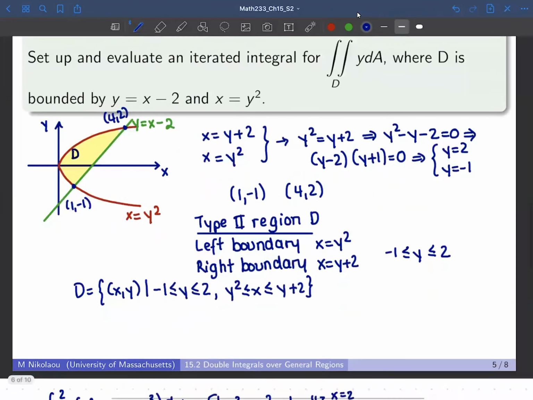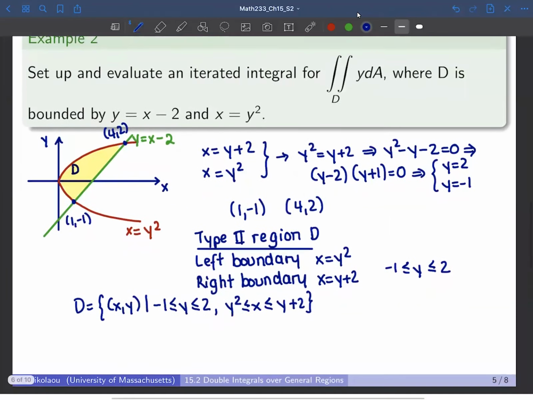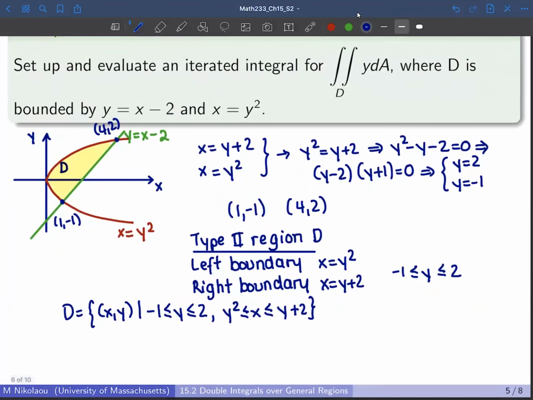So setting up the double integral will give us the double integral over the region D of y times dA. And this is equal to the type 2 integral from negative 1 up to 2, and the integral from y squared up to y plus 2 of y times dx dy.